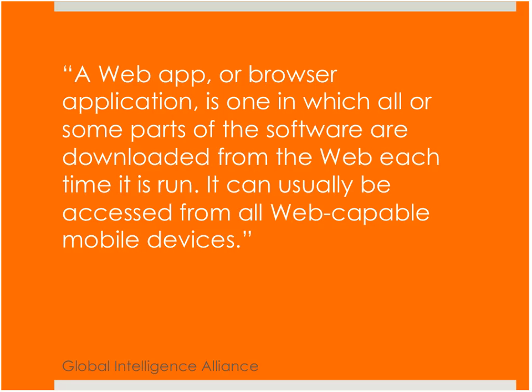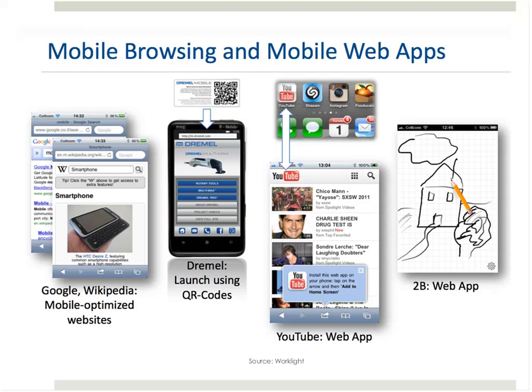So the difference with a web app is that it is a browser application. When you use it, it connects to the internet to download parts of the software and content. The great thing about a web app is it's cross-platform and usually accessible from all web-capable mobile devices. And here you have, again, some examples of web apps.